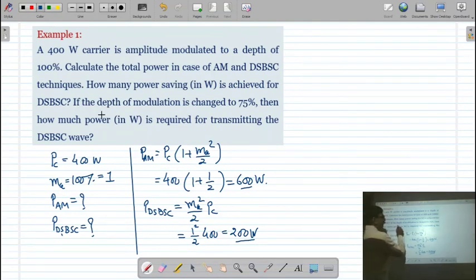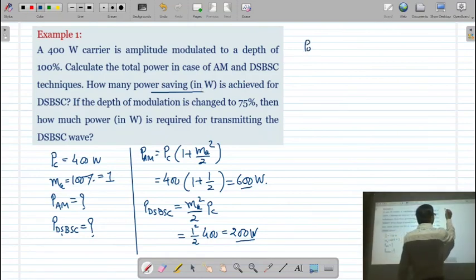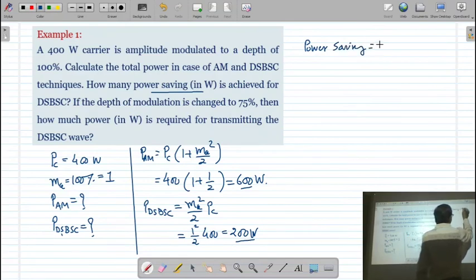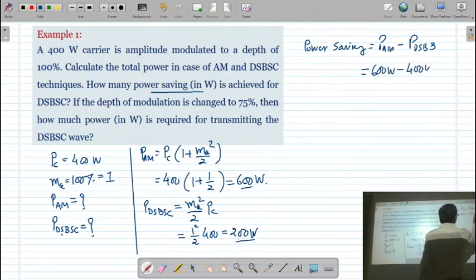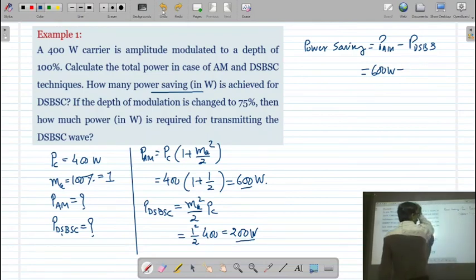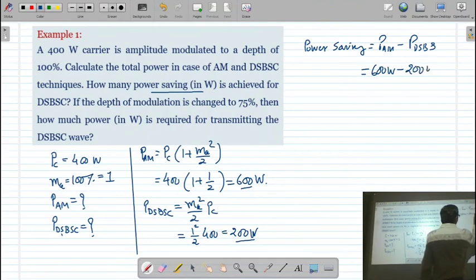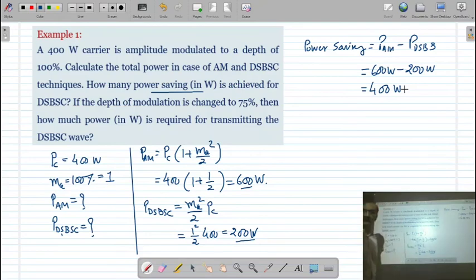Now we have to calculate how much power saving. So the power saving we can write is PAM minus PDSBSC. So it is 600 watt minus 200 watt. So the saving of the power is 400 watt.